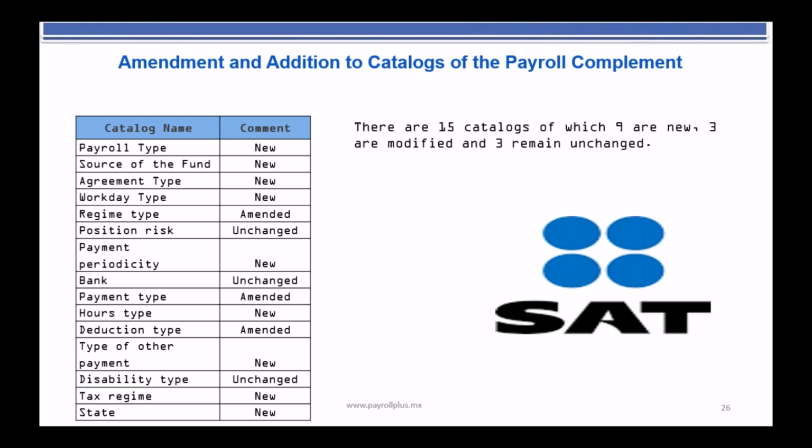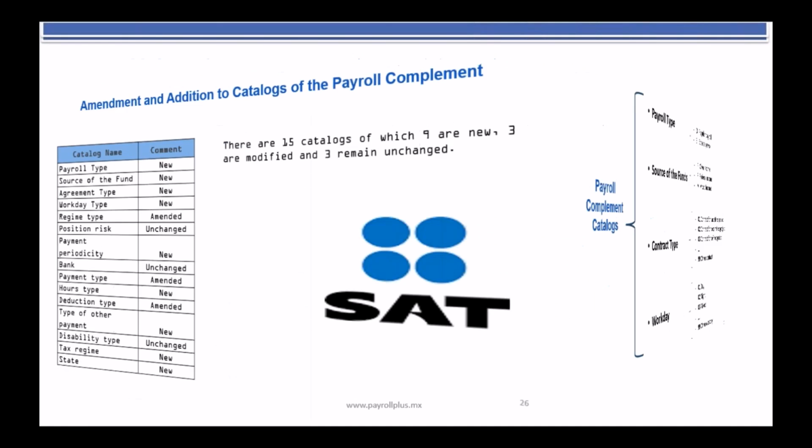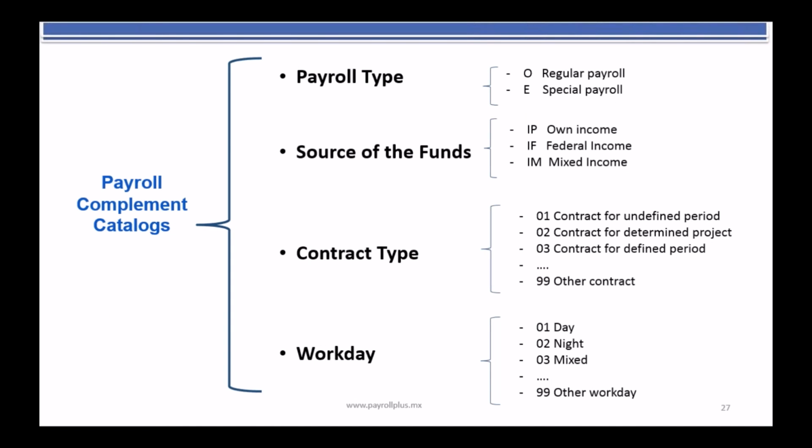If you include information that is not from the catalog, the CFDI will be invalid. That's why it is important that those catalogs are taken into consideration. And here we're going to see a few examples of what is included in each payroll type, which is new. We have regular or special payroll.